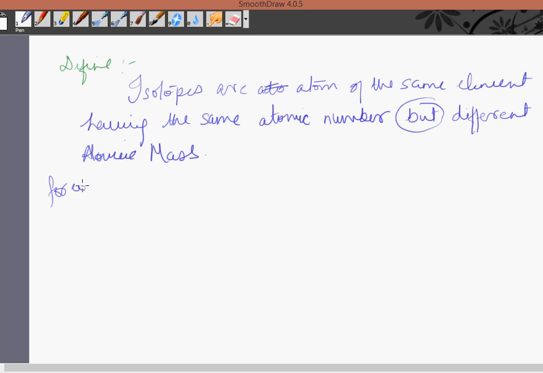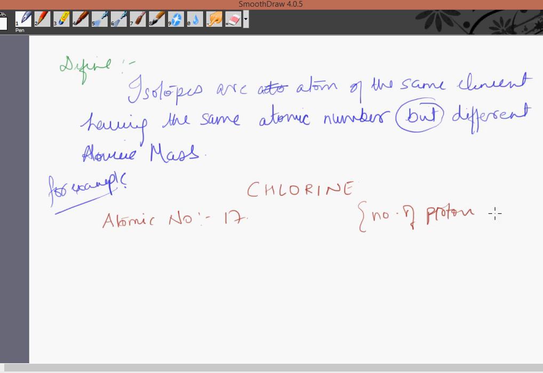If I give you an example of chlorine, where the atomic number of chlorine is 17, as the number of protons present in the atom is 17, which is fixed, will not change.